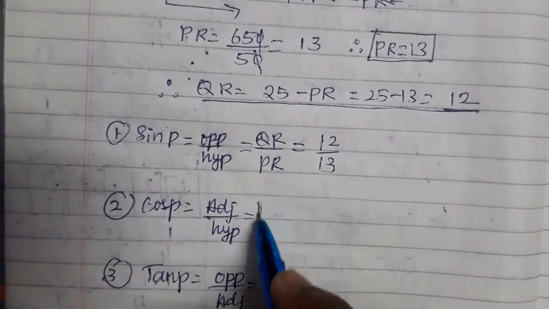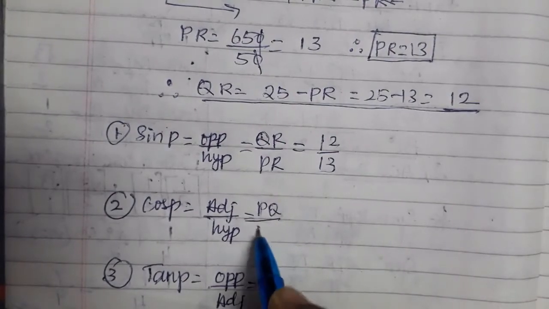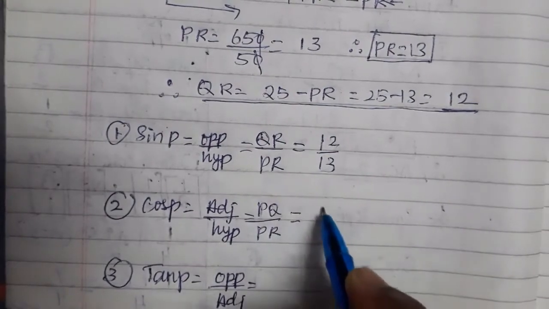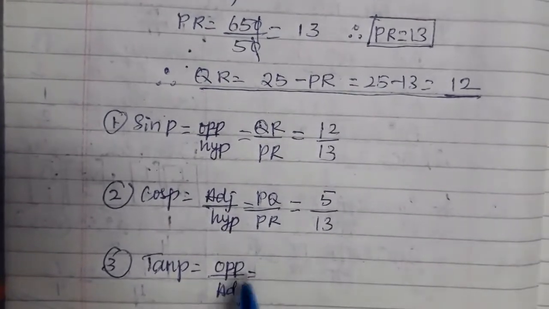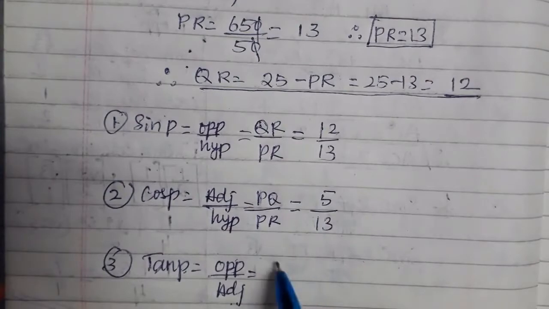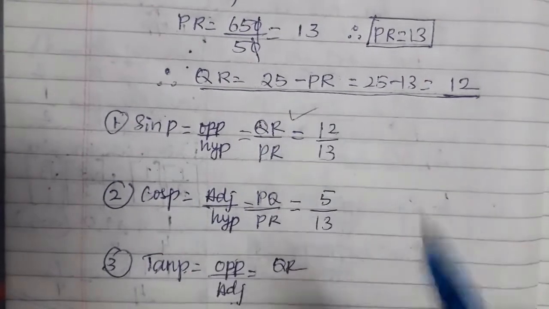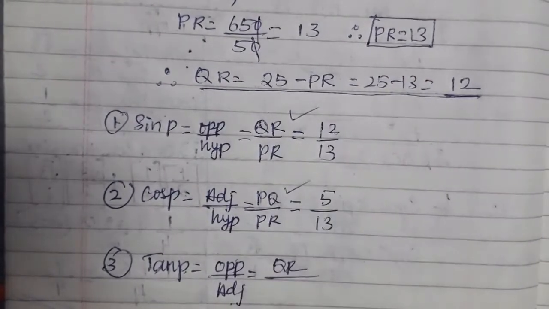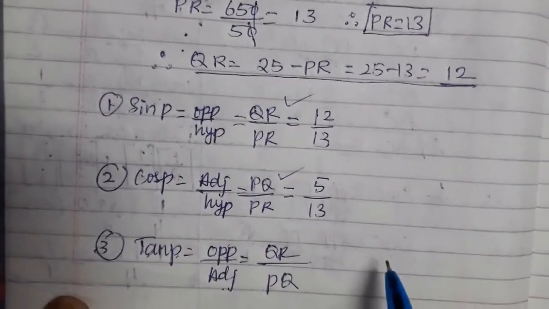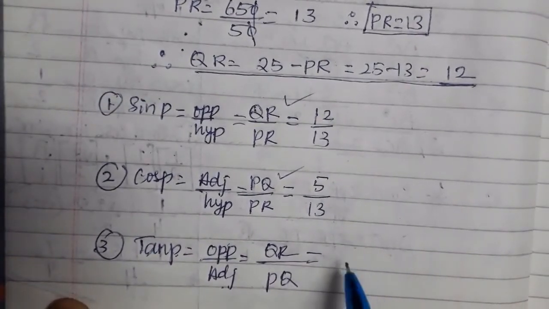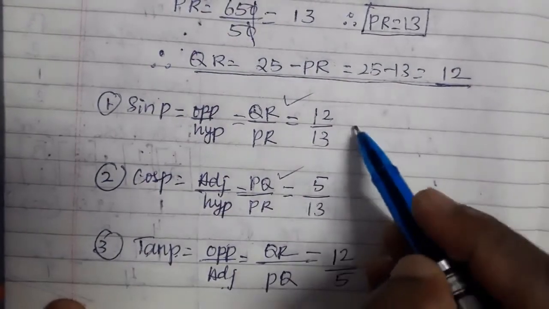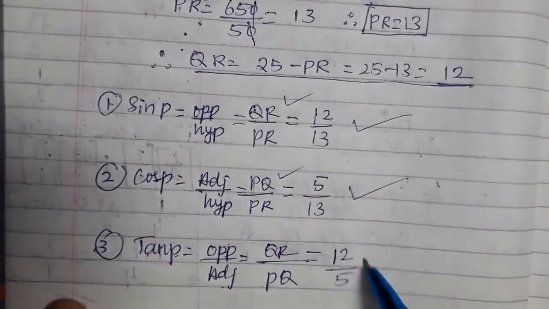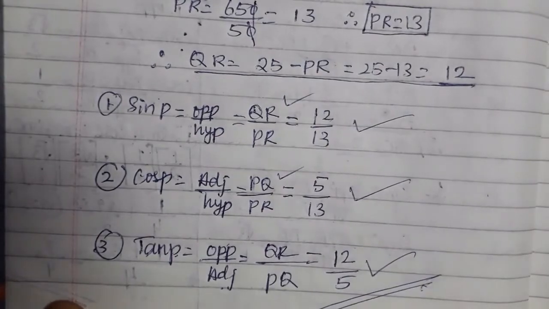So adjacent is PQ. Hypotenuse is PR. Therefore 5 by 13. Now tan P is opposite by adjacent. Opposite is QR. You have here only. Adjacent is PQ. So therefore it will be 12 by 5. So I got sin P, cos P, tan P.